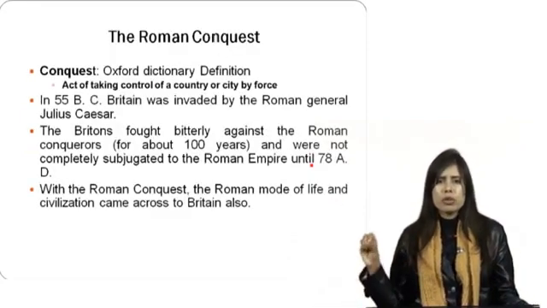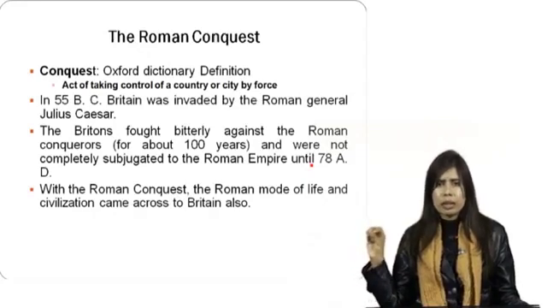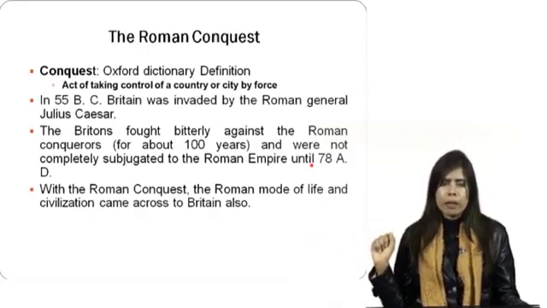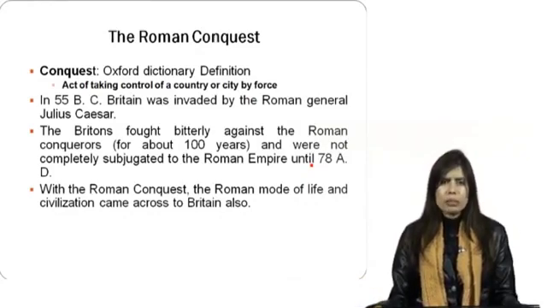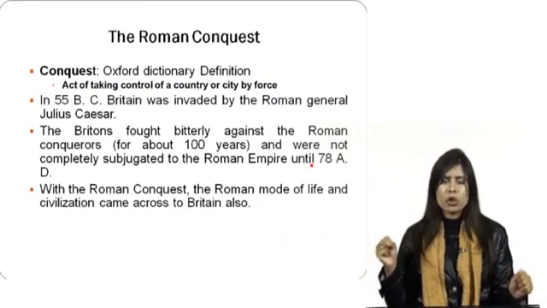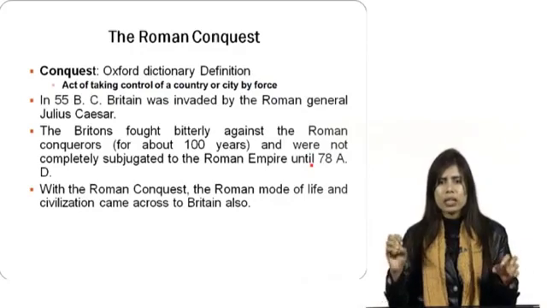Now, as you know, we were talking about the Celtic tribes here. So the Roman conquest. What is the meaning of conquest? According to the Oxford Dictionary, this is the act of taking control of a country or city by force. So basically, to control any country, to control any city by using force.